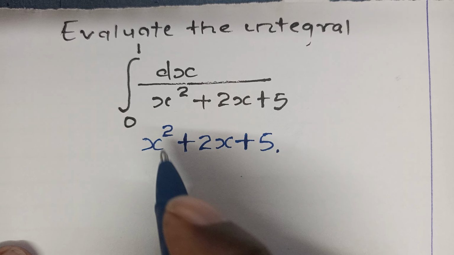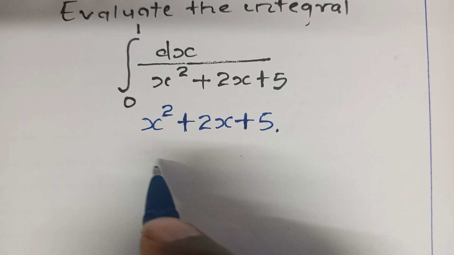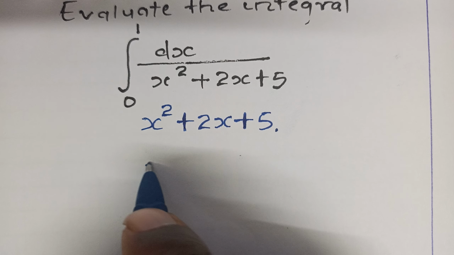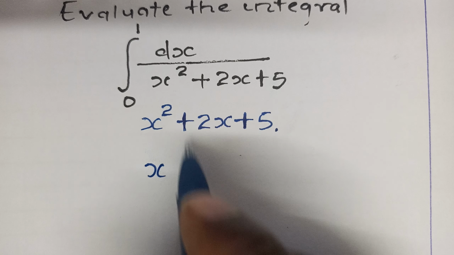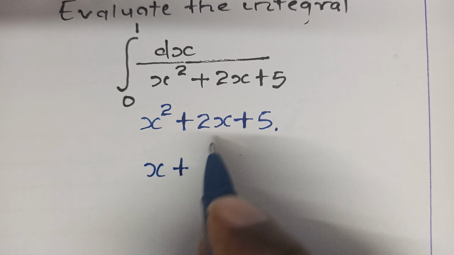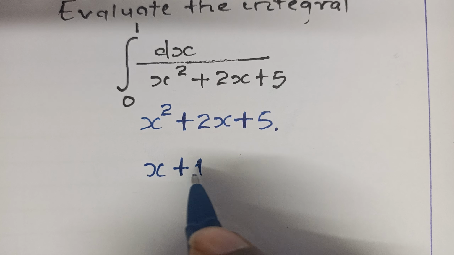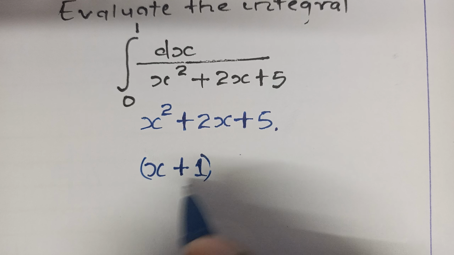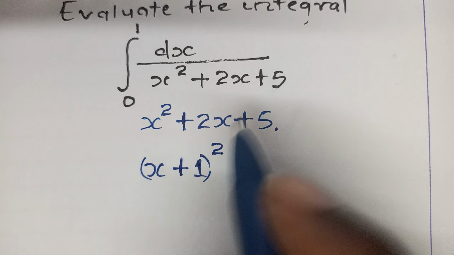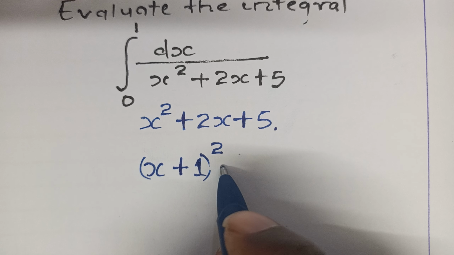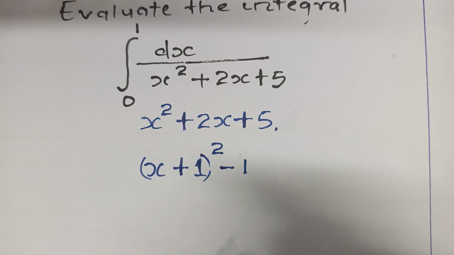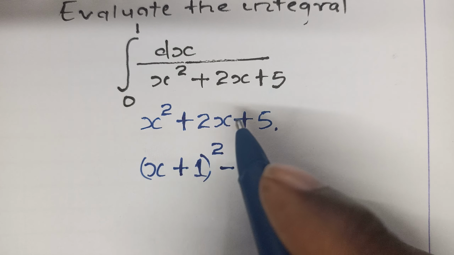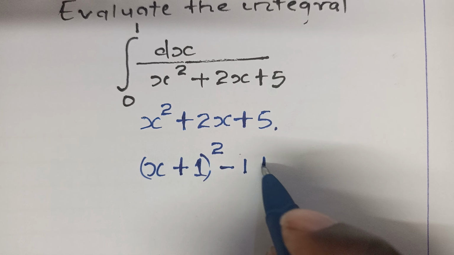Completing the square, you take the square root of x squared, which is x, plus half of 2, which is 1. We square that, now minus 1 squared, which is the same as 1. And from that we can now add 5.